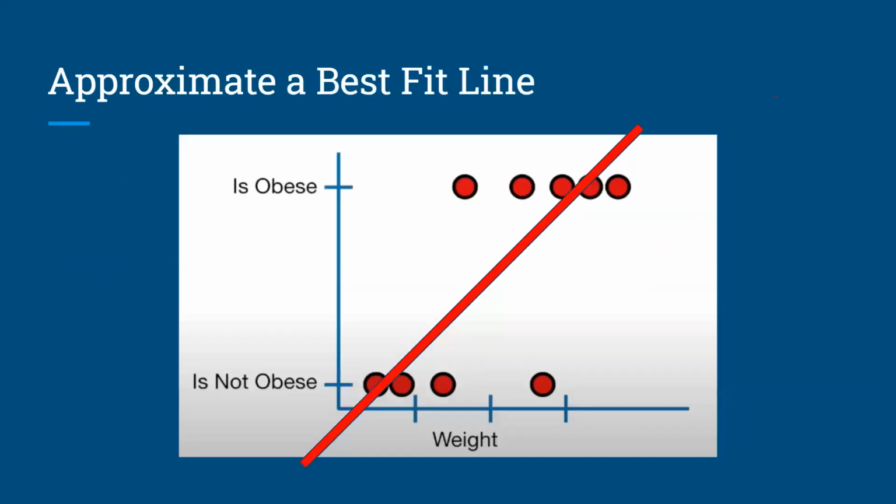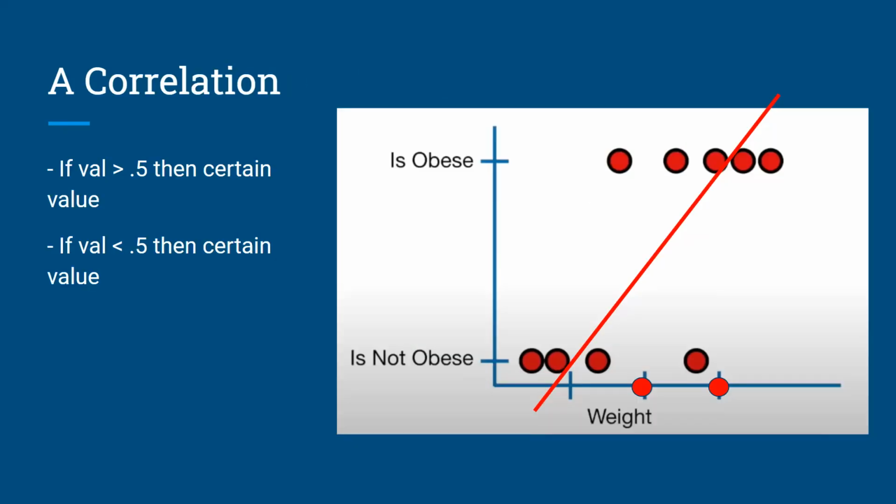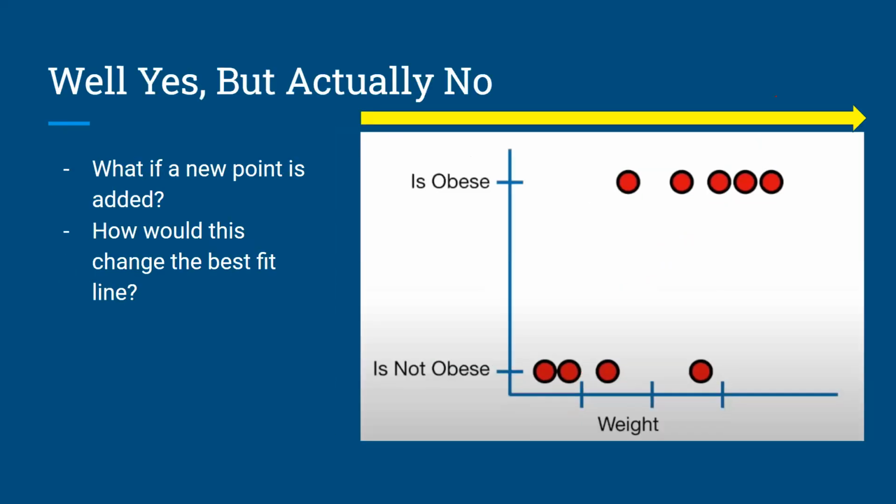But what if I put a point way out over there, all the way around, right? What if I did that? How would that change the line? The line is all of a sudden going to flatten, and the precedent we've set changes, right?